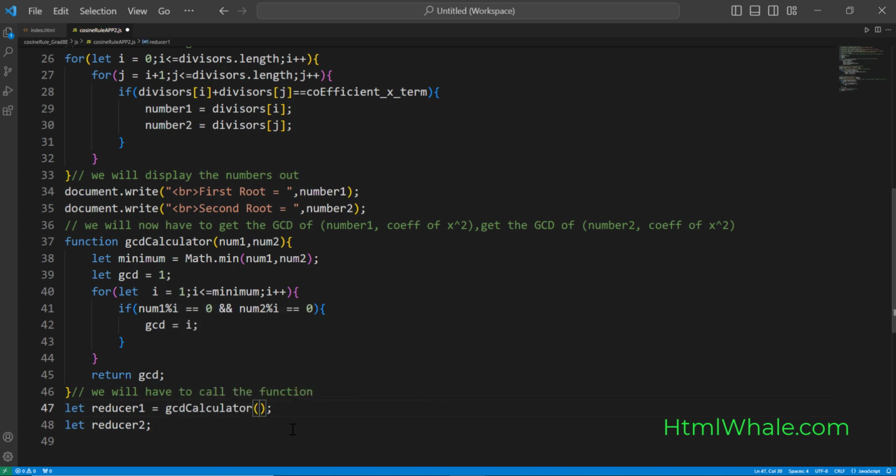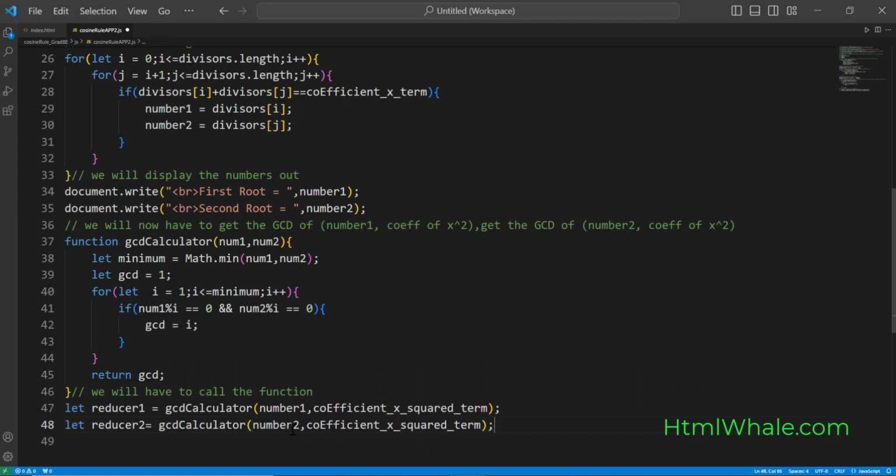I'm going to pass the number 1 with the coefficient of x squared, and we'll also do the same thing over here, number 2 with the coefficient of x squared. So the GCD is extracted.